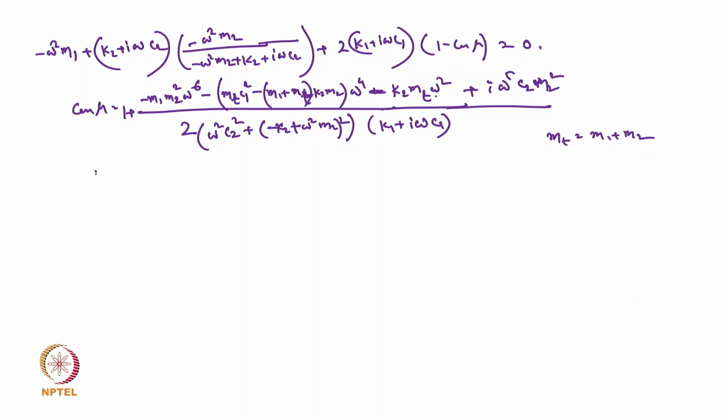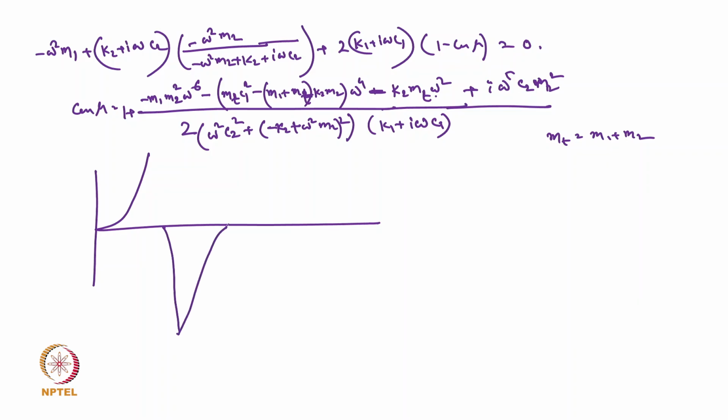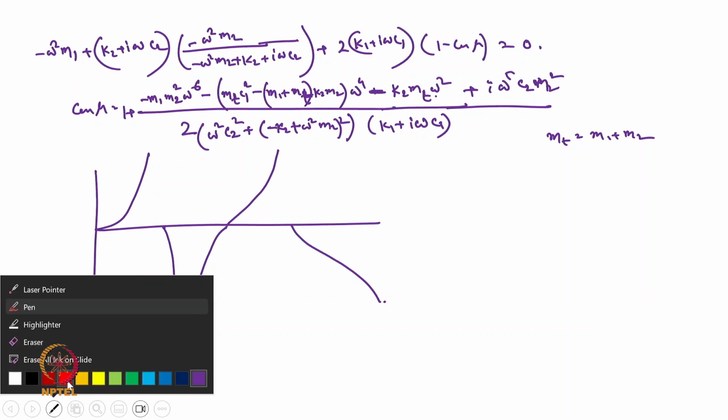And if we see the dispersion diagrams, previously it was going up like this, then it was going down, going like that. So this was the previous dispersion diagram. Now what happened? Now that dispersion diagram starts shifting.